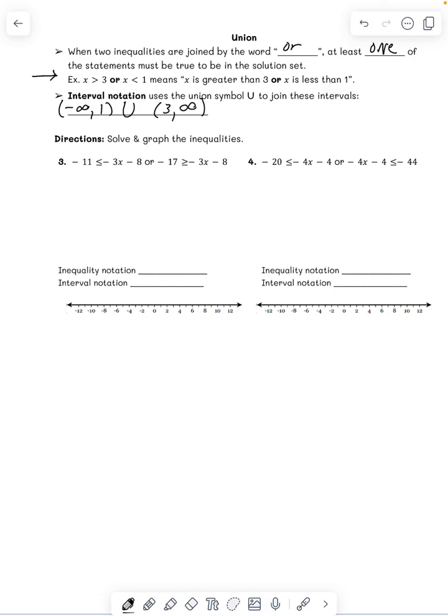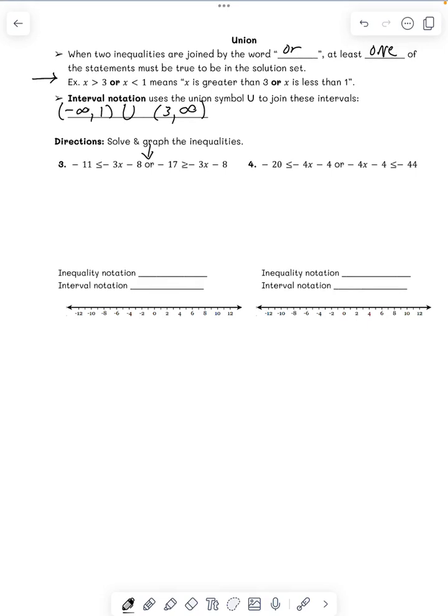So let's solve some. So you can clearly see that we have the word or here. So let's solve it. So we're going to add 8. Add 8. We're going to end up with negative 3 is less than or equal to negative 3x.